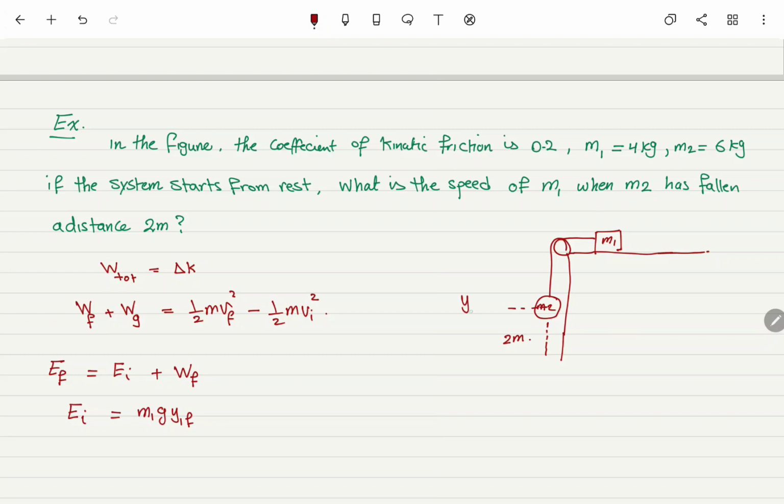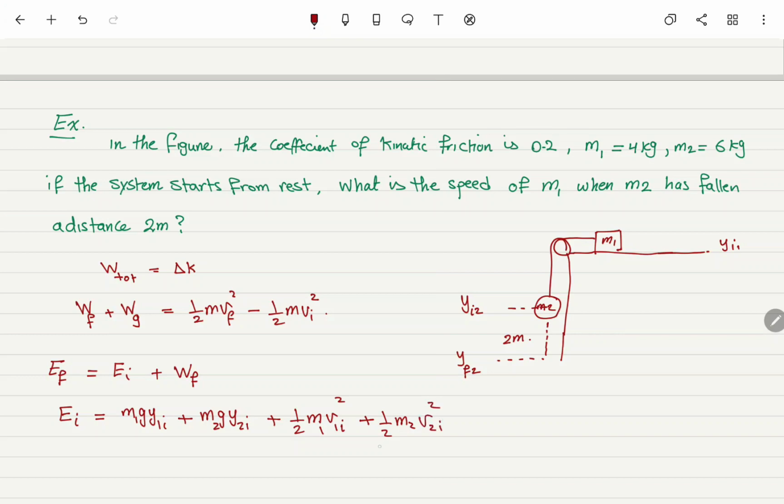So this is y initial 2, and this is y initial 1, and this is y final 2. So E initial equals m1 g y1 initial plus m2 g y2 initial plus half m1 v1 initial square plus half m2 v2 initial square.